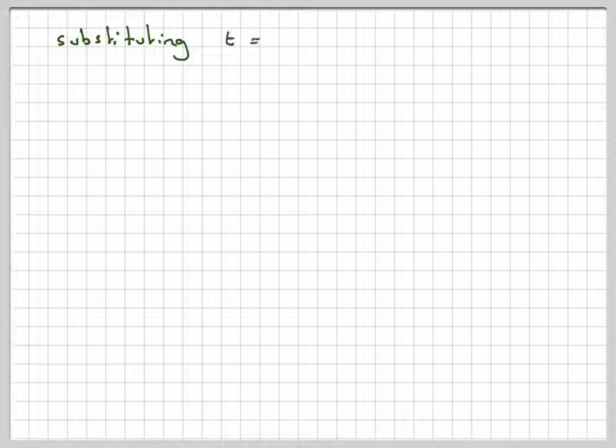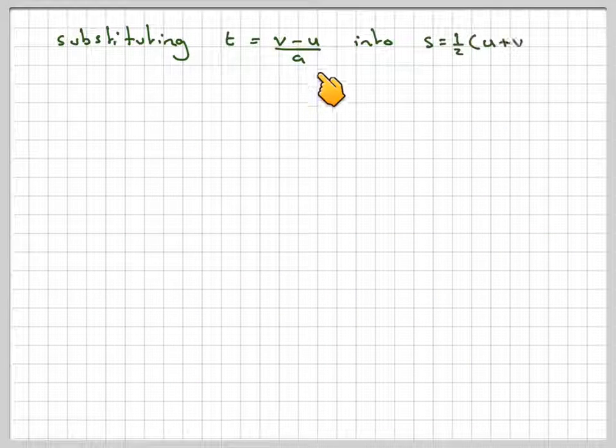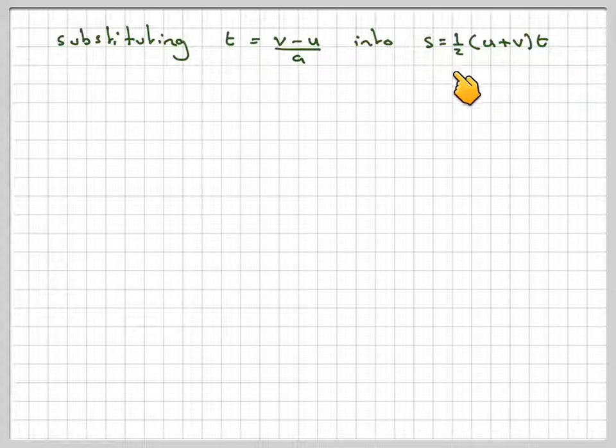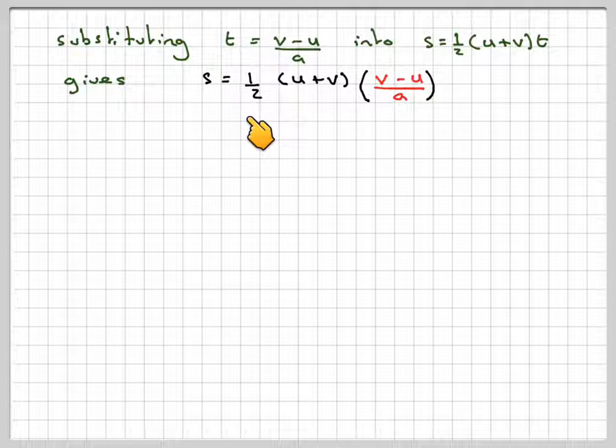And finally, if we now substitute t is equal to v minus u over a into a half of u plus v times t, this gives s is equal to a half of u plus v times v minus u over a, instead of t. So you can get t by rearranging v is equal to u plus at. This is where this comes from.